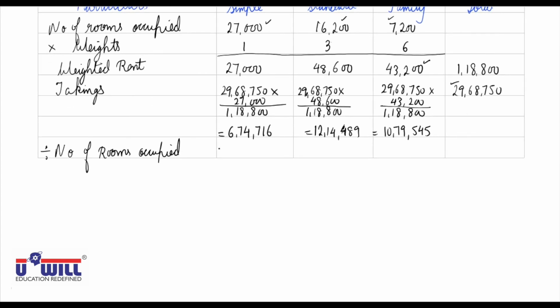So 674,716 we have to recover from 27,000 simple rooms. 1214489 we have to recover from 16,200 standard rooms, and 1079545 we have to recover from 7,200 family rooms. In short, what is the final amount we have to recover? So that you will calculate here, room rent per day.